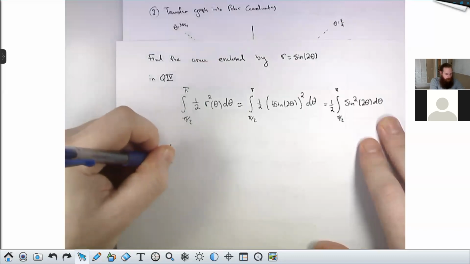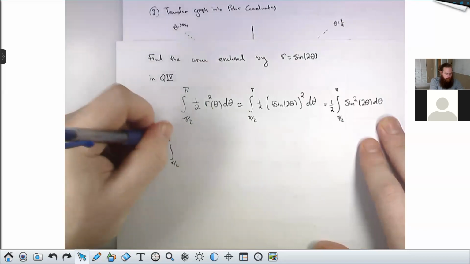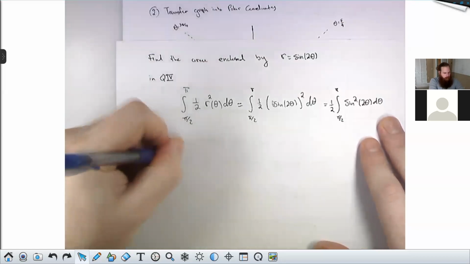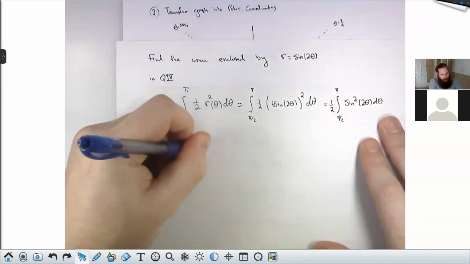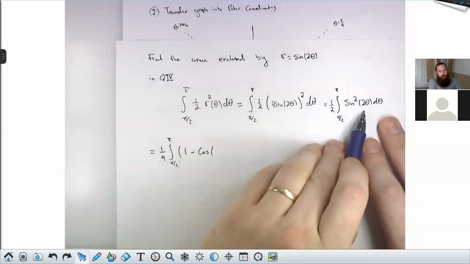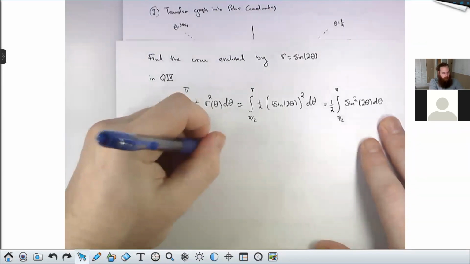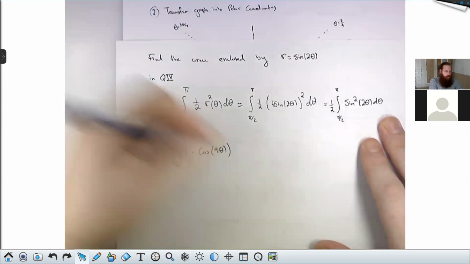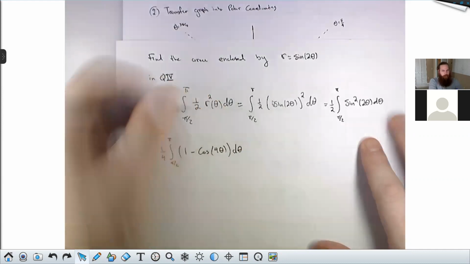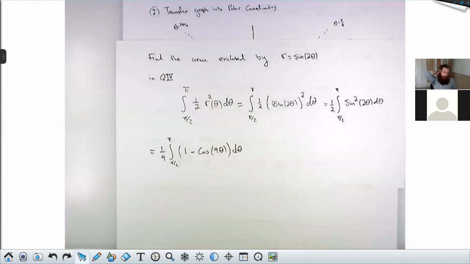And then I'll have the integral from pi over 2 to pi of 1 minus cosine of the double of this, which is 4 theta, d theta. So I use my double half angle thing because it's an integral of an even power of sine.